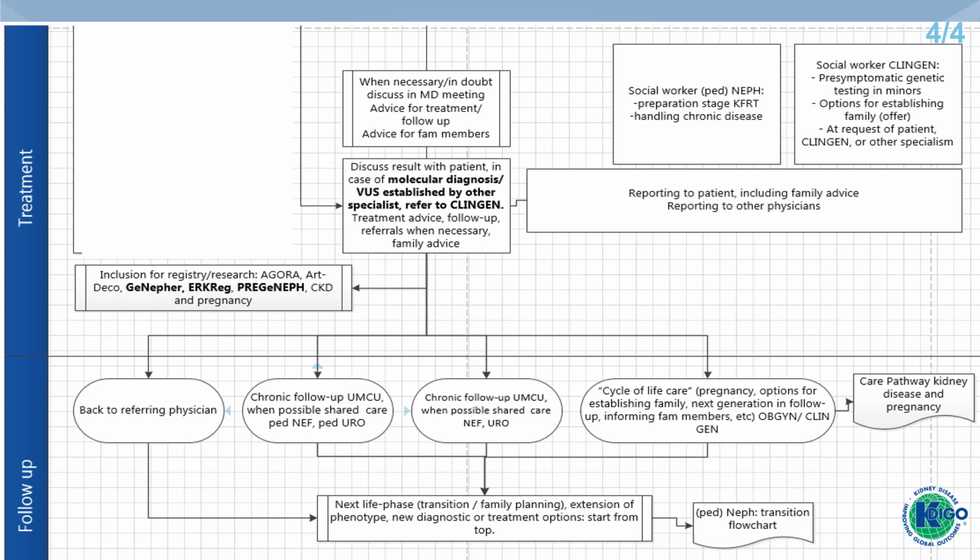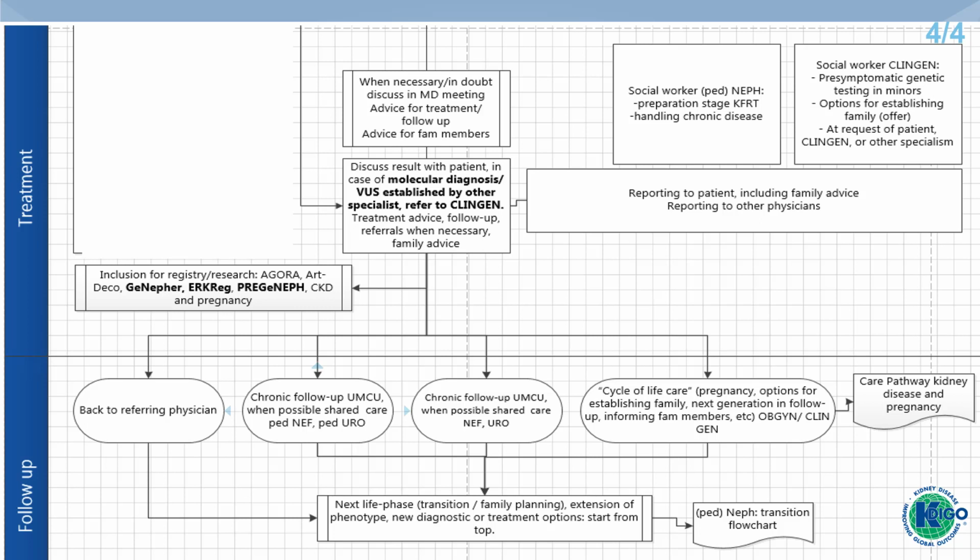So this left bar is important. There are a lot of weird acronyms there, but basically it means that we try to include all eligible patients in registries, and I think that's important. We have our own registry for patients who have genetic testing in our diagnostic lab, but we also contribute to the ERKNet registry.